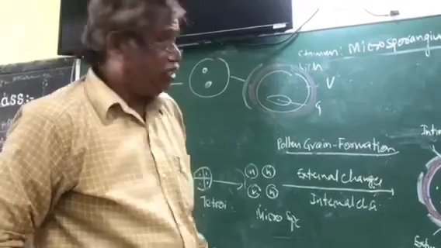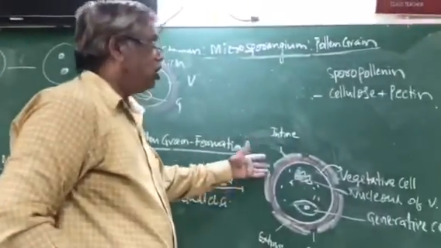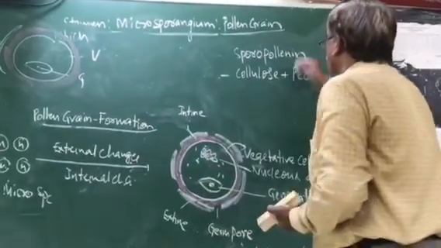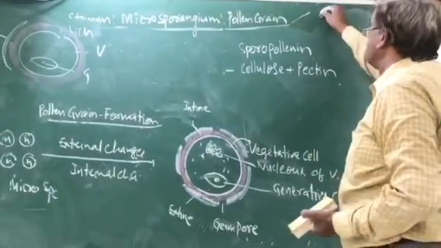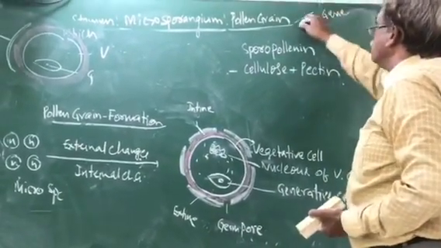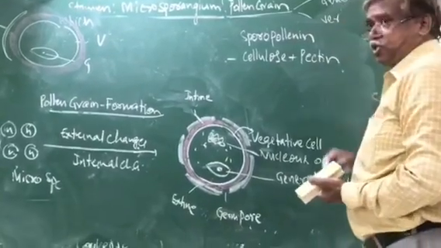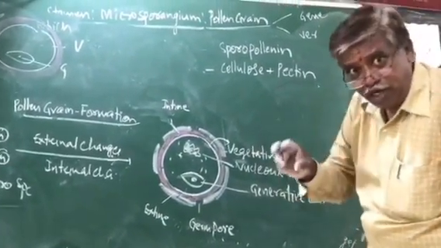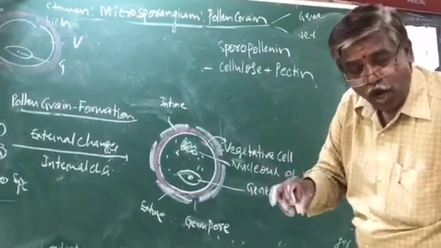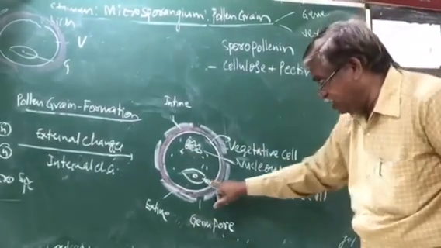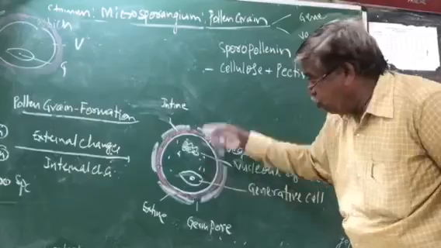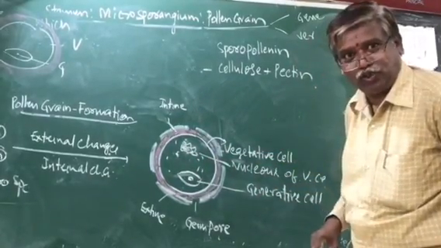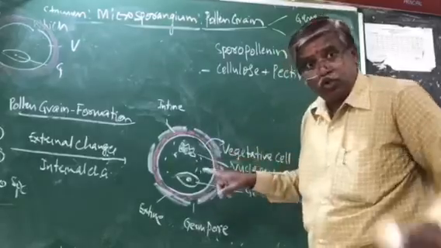Name the two cells in the pollen grain: one is the generative cell and one is the vegetative cell. The generative cell is small in size, spindle in shape, floating in the cytoplasm of the vegetative cell.